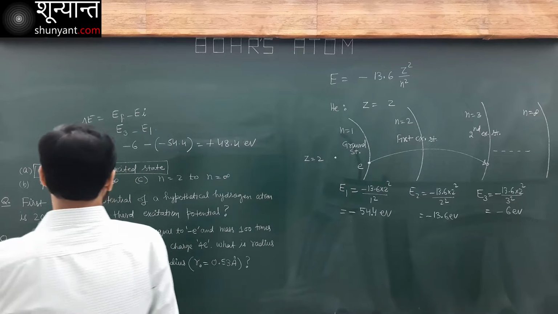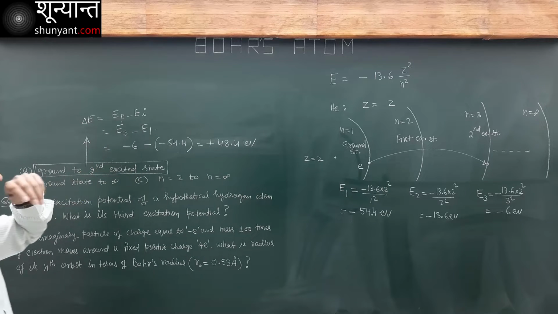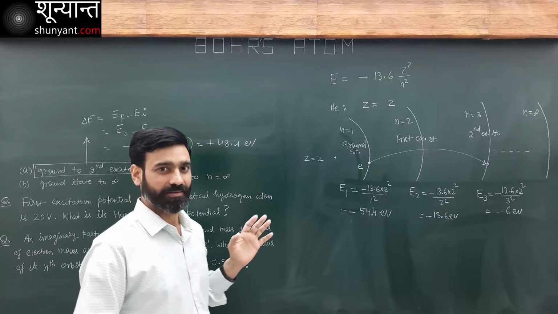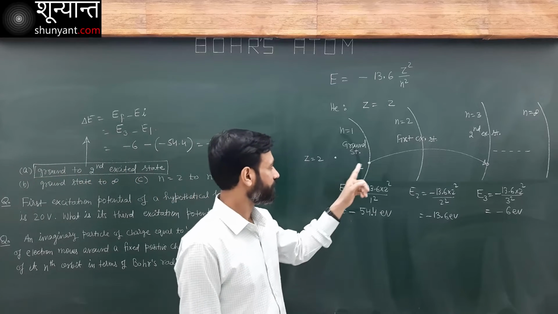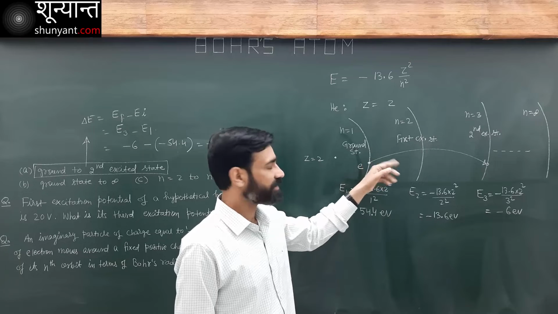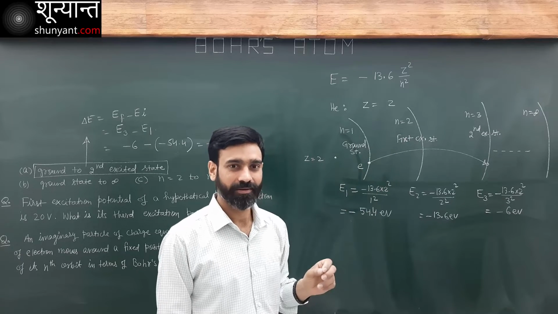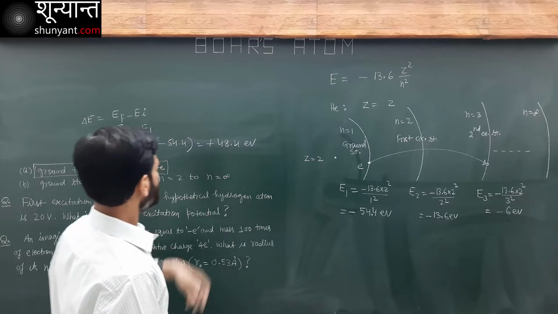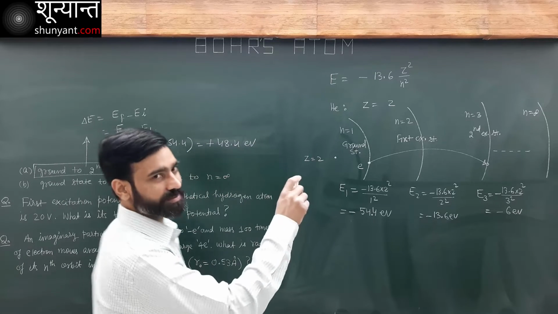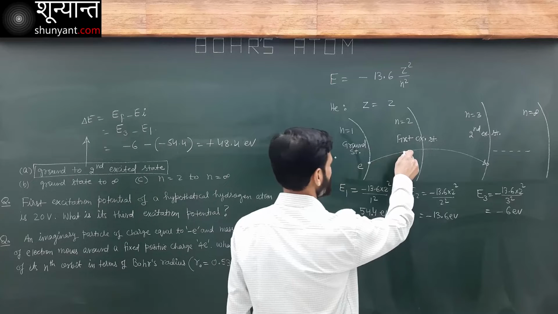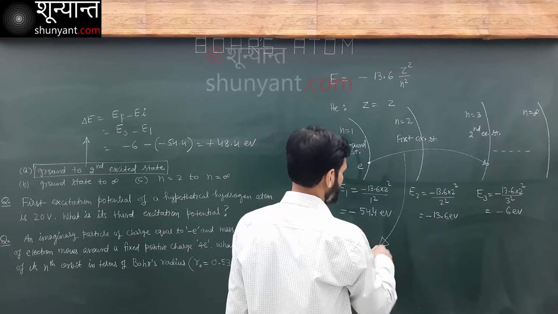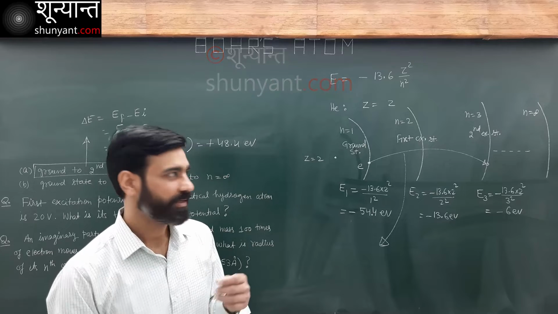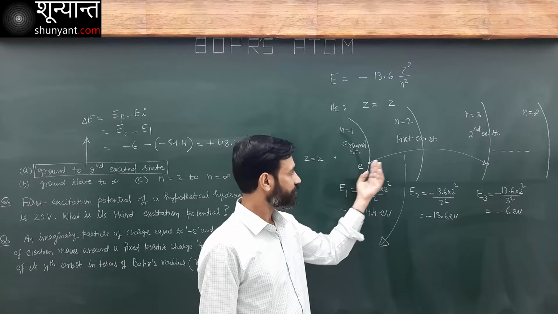Now, what is happening in this process? The electron goes from the ground state to some higher state. Some energy is required for this transition. Transition means changing the state: an electron goes from a lower energy state to a higher energy state.